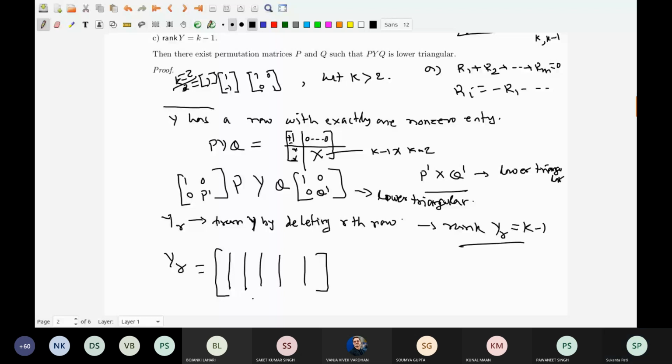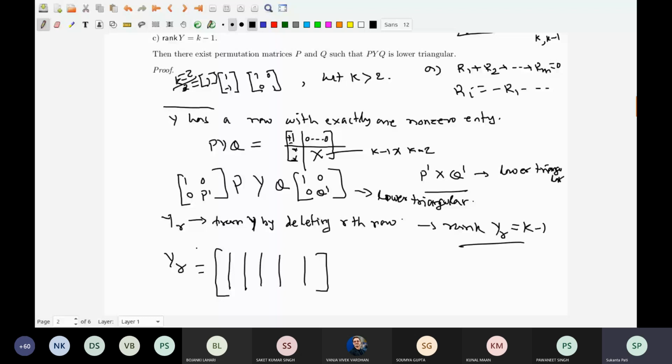That is, the row vector of ones, 1 1 1, multiplied by YR will be 0.